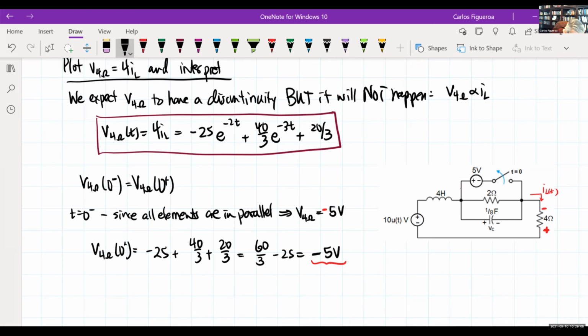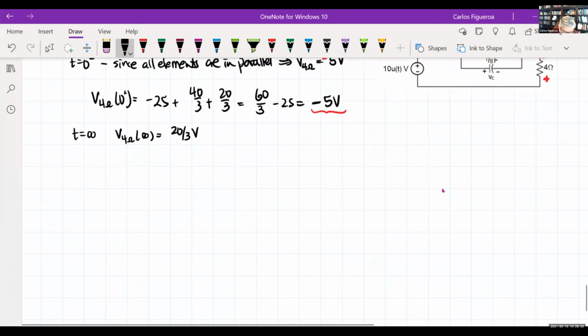Now, the other thing we should look at is what happens at t equal to infinity. So I'm going to have V4 ohm at infinity. Clearly, all the exponentials go to 0, so I should have 20 thirds volts. Now we can set it up here. If I look at this guy, what am I seeing?